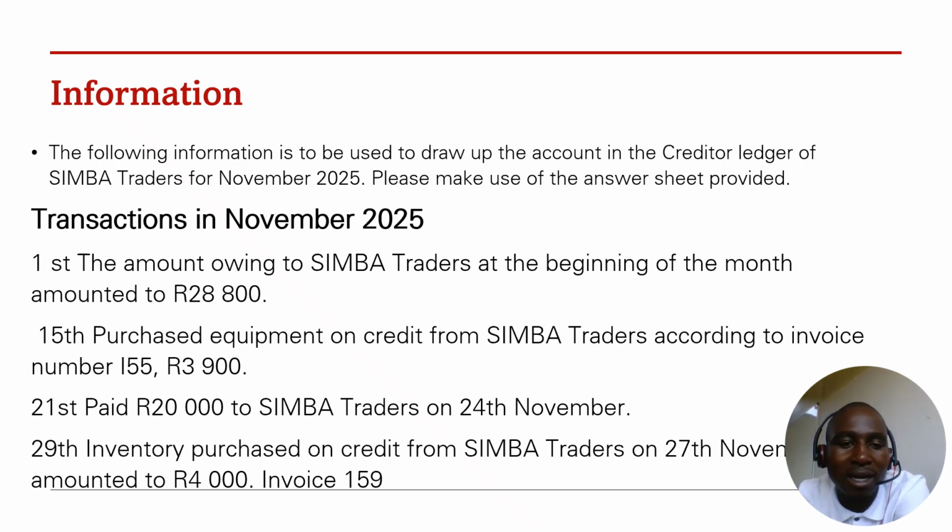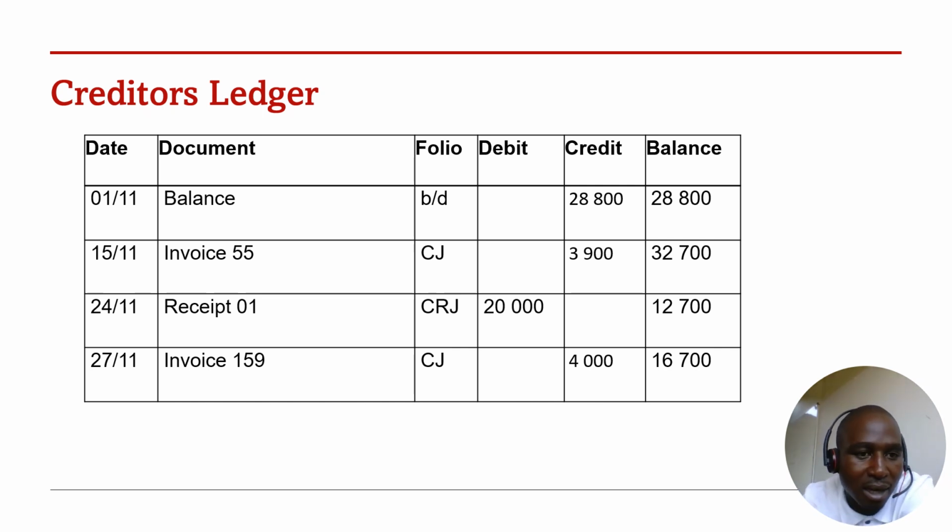So you write your date as 27th November, and you write your invoice number, invoice 159, and on folio you write creditors journal. You write credit purchases on the creditors journal. You write the amount on the credit side because you are purchasing, so you are increasing your account. You write on the credit side 4,000, and then you add it to the current balance, 12,700 plus 4,000, and you'll have your balance of 16,700.